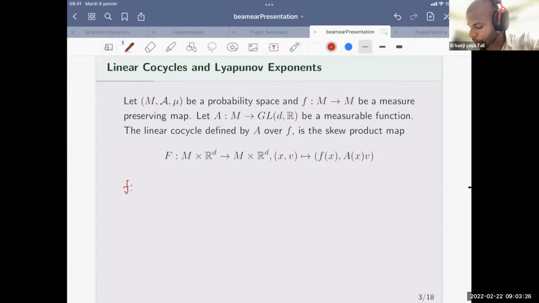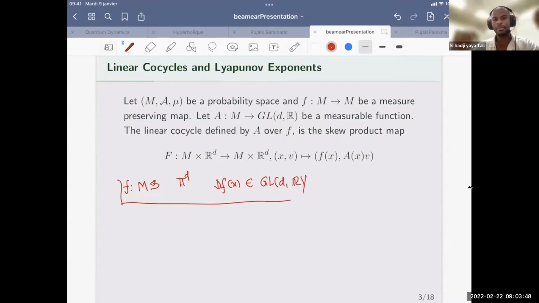If you have a local diffeomorphism on a nice manifold, say M is a torus T^d, the derivative at any point can be seen as a linear map in GL(d). The idea behind linear cocycles is separating the map f from the derivatives. Here we have two objects, f and A.